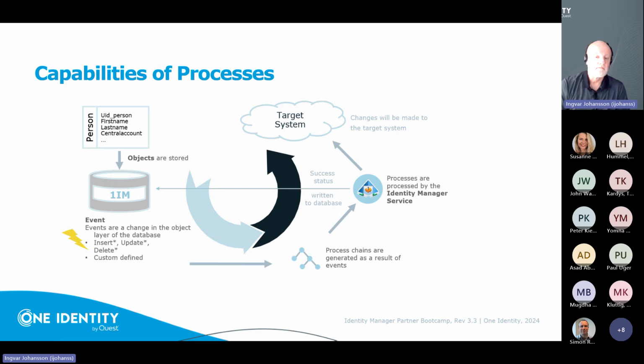Now, as soon as an event has been issued, we have the internal processing mechanism called process chain. These are technical workflows, and the product has quite a few of them. There's a lot of out-of-the-box technical workflows in the product. They are called process chains.